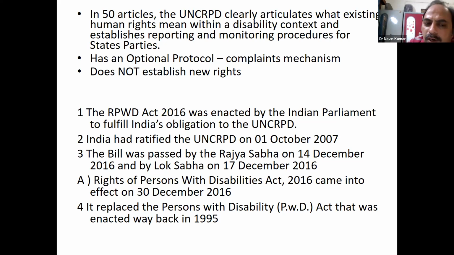So it replaced the Persons with Disability Act that was enacted way back in 95. If you see the title of the act itself, previously it was the Persons with Disability Act in 1995, and now it is the Rights of Persons with Disability Act. So previously we were more concerned about their general welfare, but now our focus is that they also have rights, equal rights as a normal person.